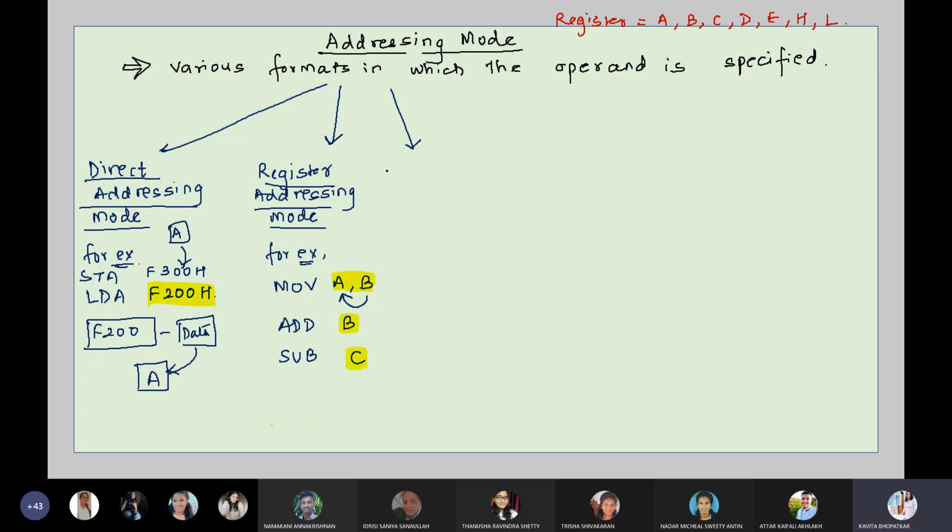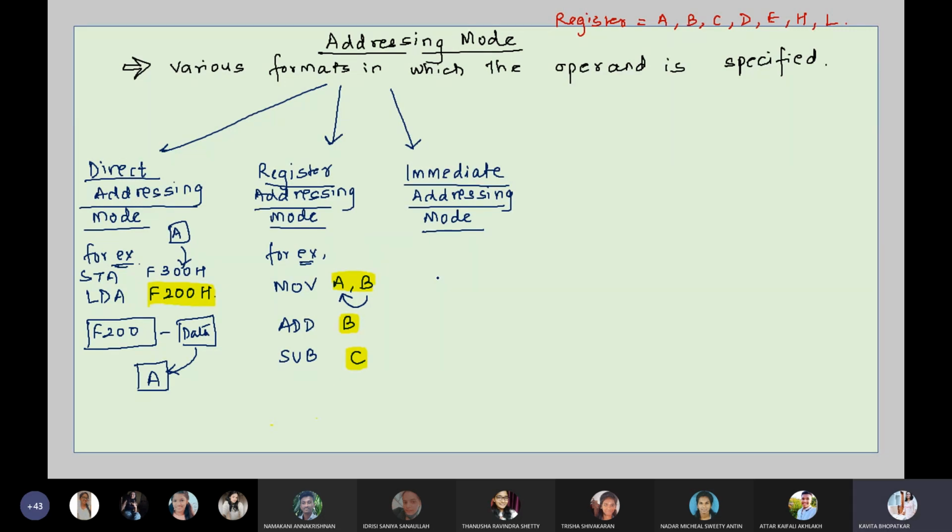ओके, नेक्स्ट इज इमीडिएट एड्रेसिंग मोड. तो immediate addressing mode में the 8-bit data is processed, also it can be a 16-bit data at times for some instructions, that is given via program.